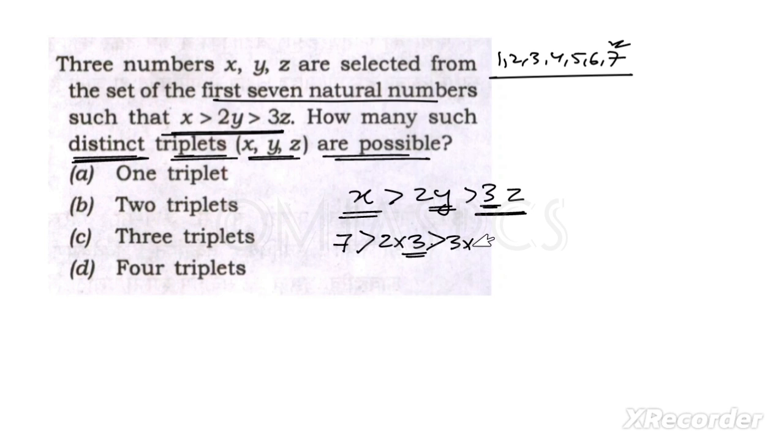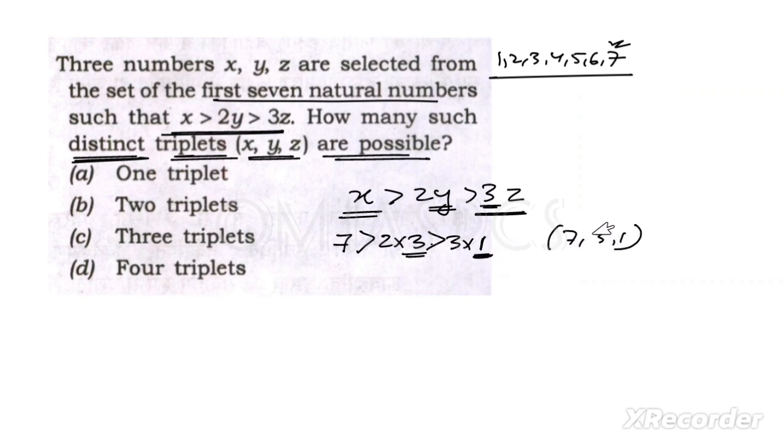Z is equal to 1. Can z be 2? Then it would be 6, so both would be the same, which is not possible. So the value should be 1, like 7, 3 and 1.